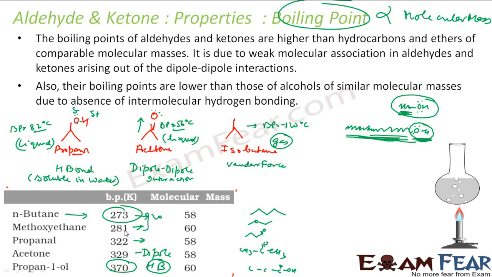So these things decide. Propanal will have a slight dipole actually, but these will have nothing. Methoxyethane and butane will have a very low boiling point. But if you see, the molecular mass is almost comparable. The one with the hydrogen bonding has the maximum boiling point, and the one without any kind of bond, only van der Waals force, has the minimum boiling point.